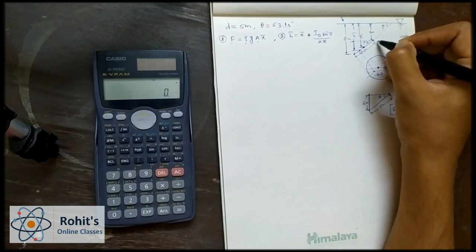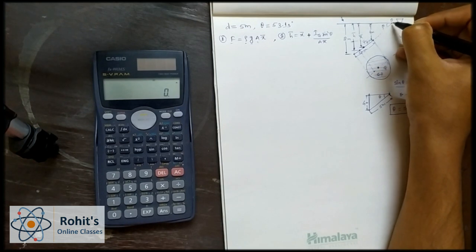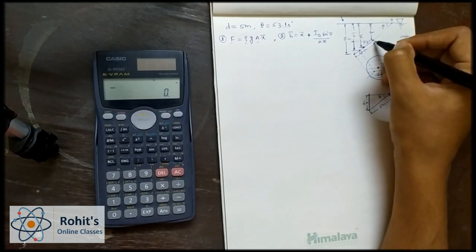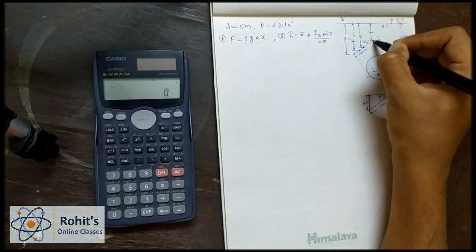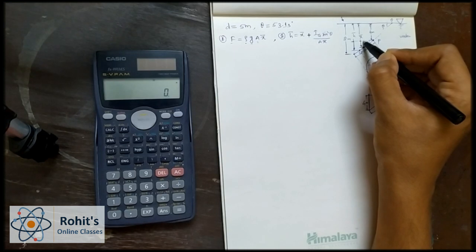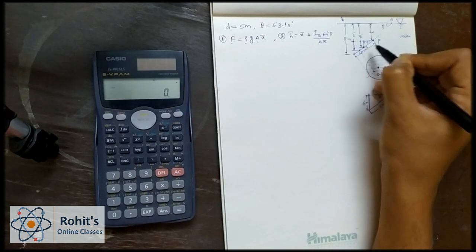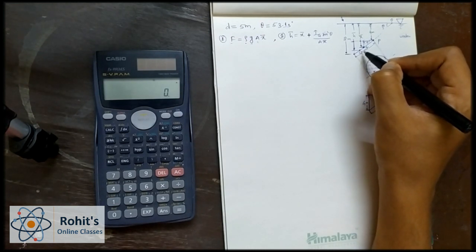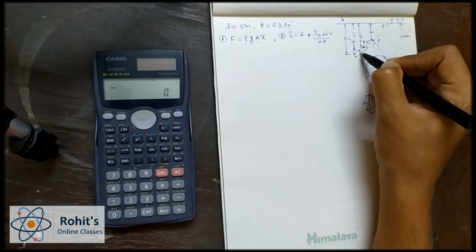Let us consider this point is O. This point, let us consider P. Then we will draw one dotted line over here. So this is our point G, and this is the CP point.